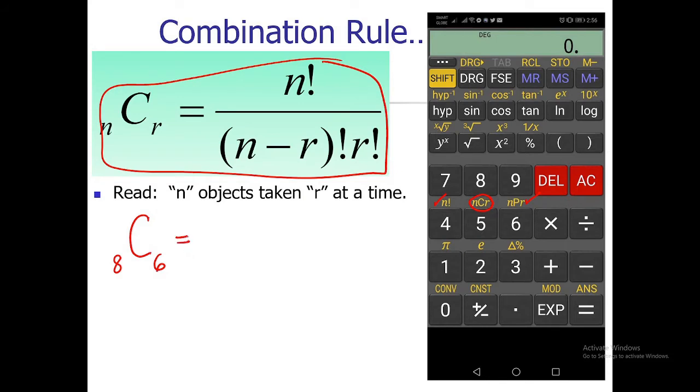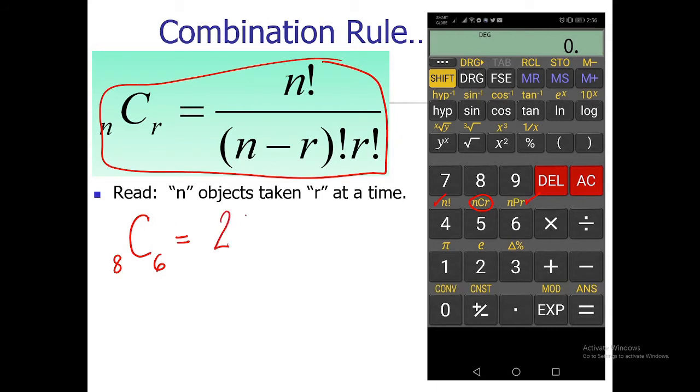Please use your calculator. What's the answer for this? The combination of 8 taken 6 at a time? Use your calculator. 28. That's totally right.